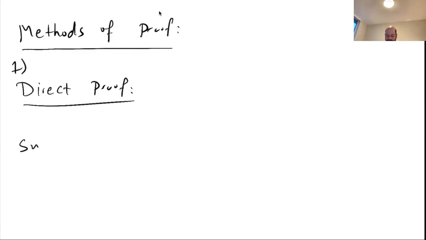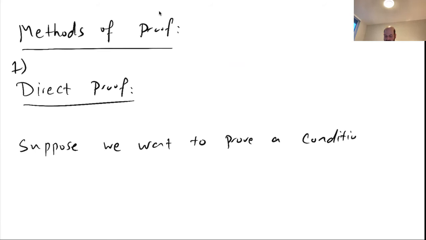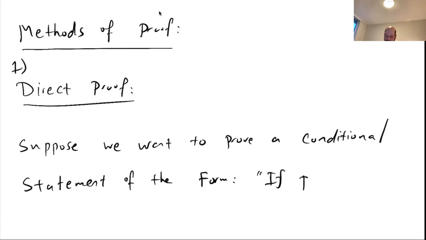Suppose we want to prove a conditional statement of the form, let's say, if P, then Q. We know that a conditional statement looks like this, and we said that P is called the hypothesis or assumption, and Q is called the conclusion.